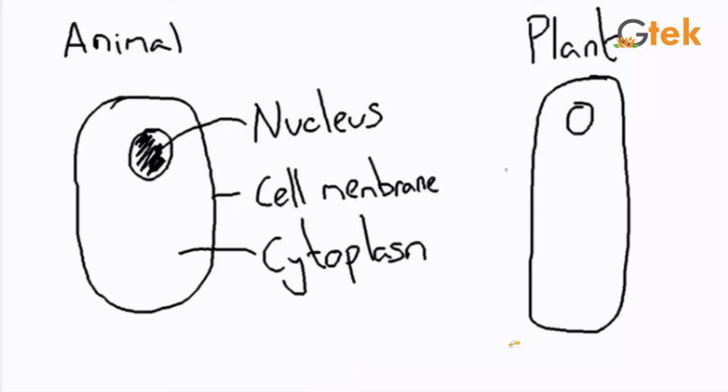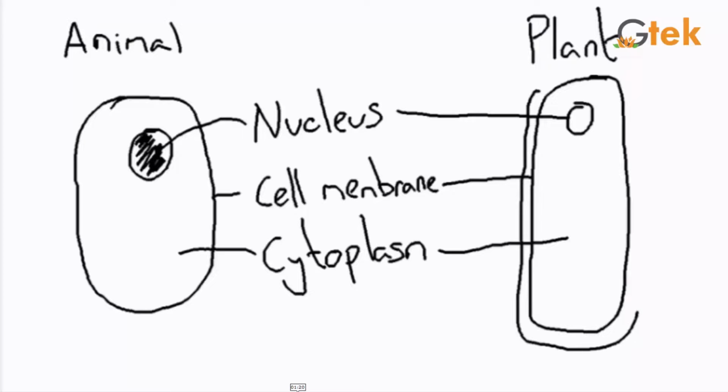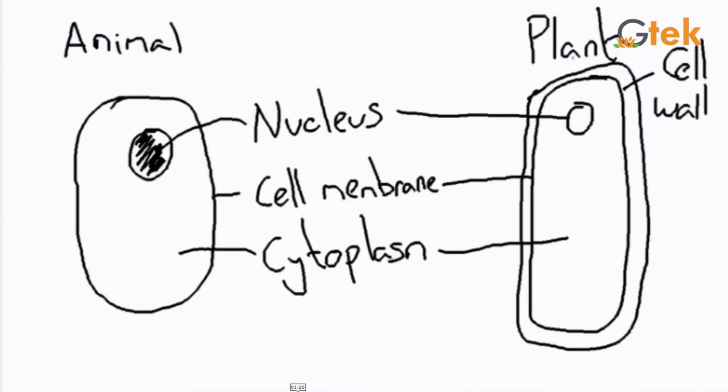Whereas the structure of the plant cell is given here. It also has the nucleus, cell membrane and cytoplasm. But the plant cell is different from the animal cell, that is, it contains another outer surface called the cell wall. You can see here, this is the cell wall, whereas the animal cell does not contain a cell wall.